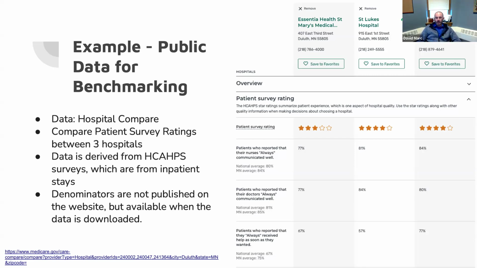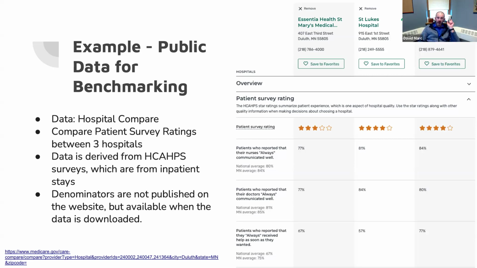After an inpatient stay, patients or their family members can fill out these patient surveys. But you can get information about how well people felt the communication was within these various hospitals.